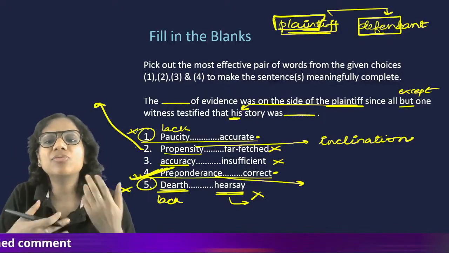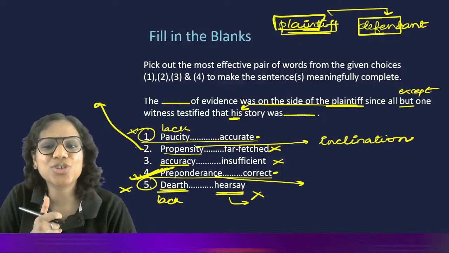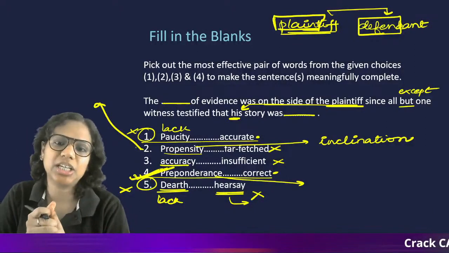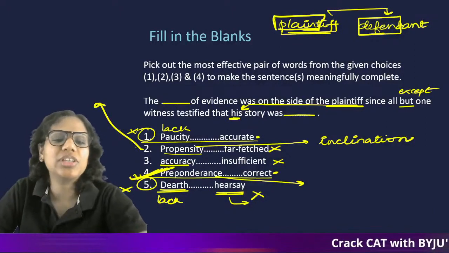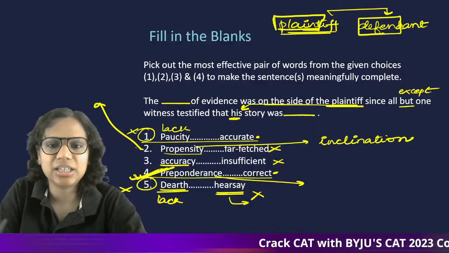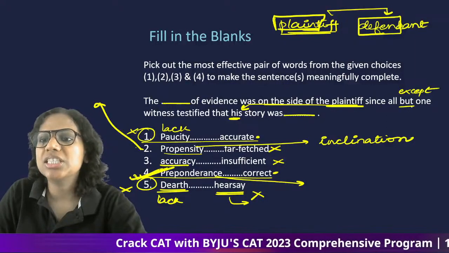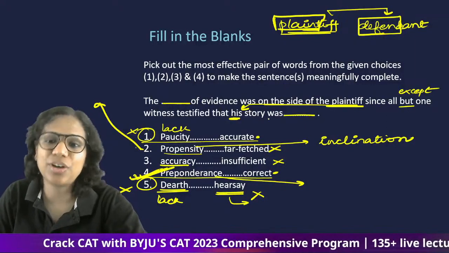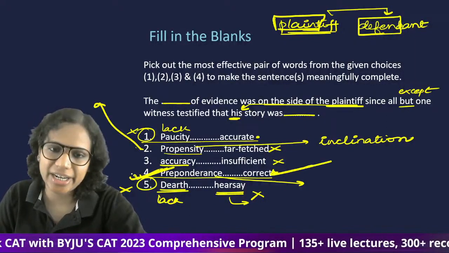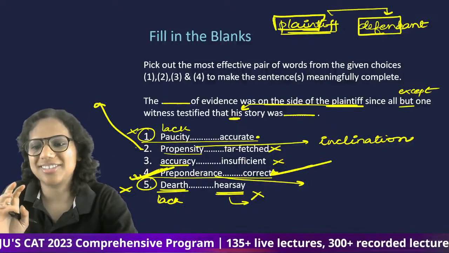When we have more of the quantity of something, even quality of something, then we say there is a preponderance of that thing, right? So the preponderance of evidence was on the side of the plaintiff, since all except one witness testified that his story was correct. So our answer is 4 here.